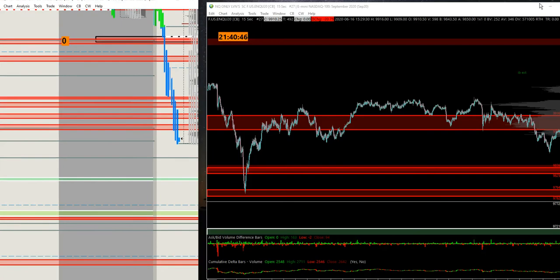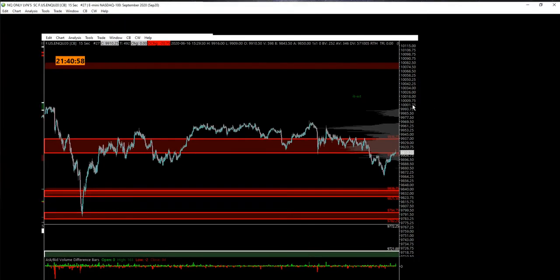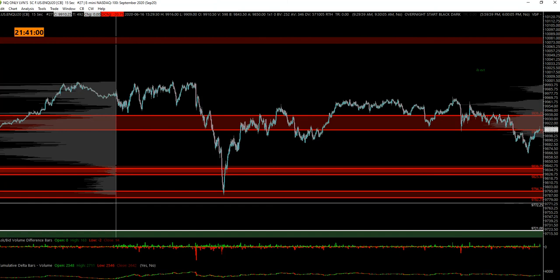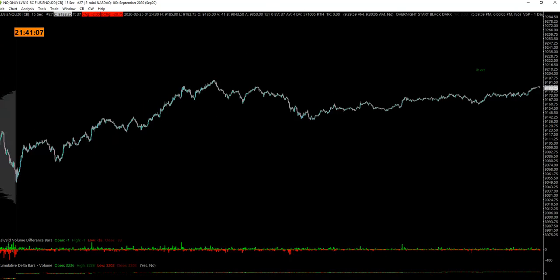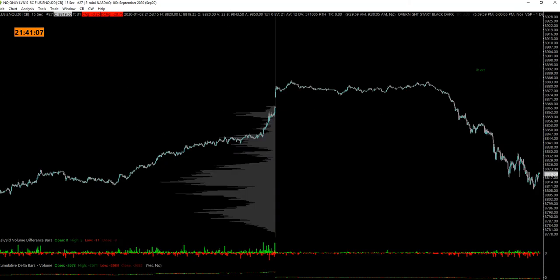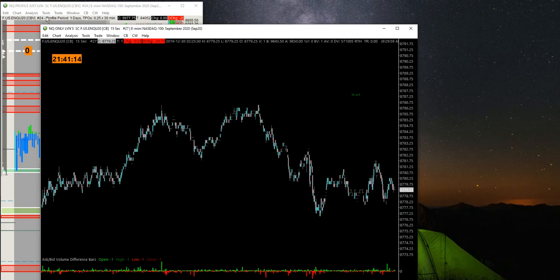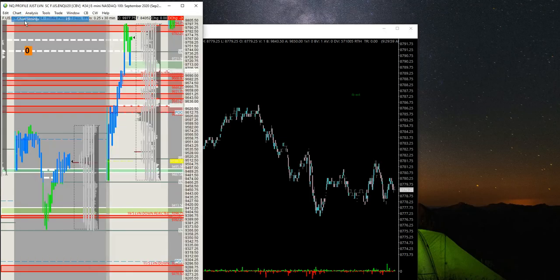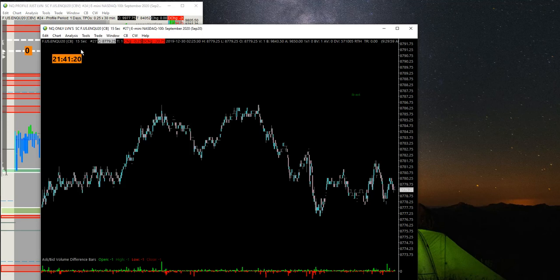I put this on a candlestick chart just to show you guys how these zones work if you're trading with candlesticks. I just want to make sure why it doesn't have all the zones. It's probably because it's not connected to the right chart. This is Sierra Chart, by the way.